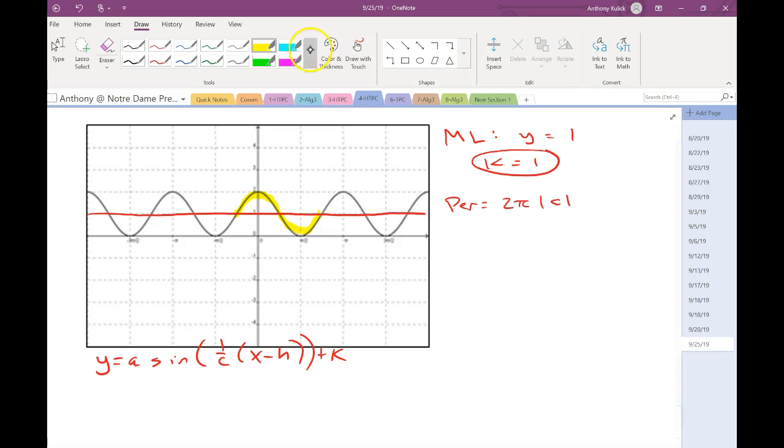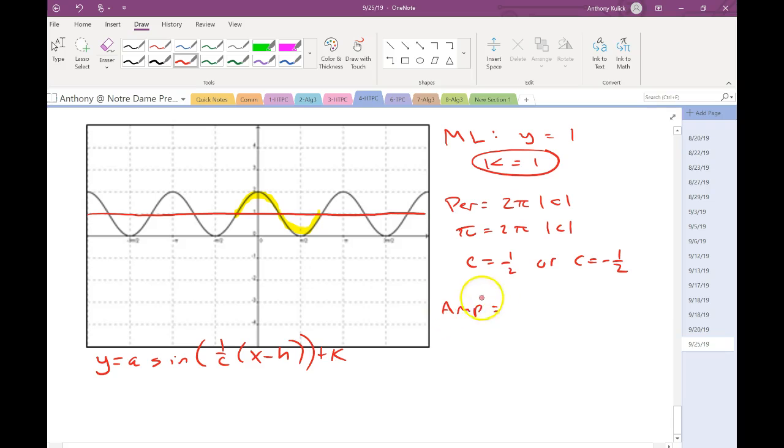I agree that that distance is 1 pi. So C equals 1/2 or negative 1/2. Everybody agree with that? Okay.